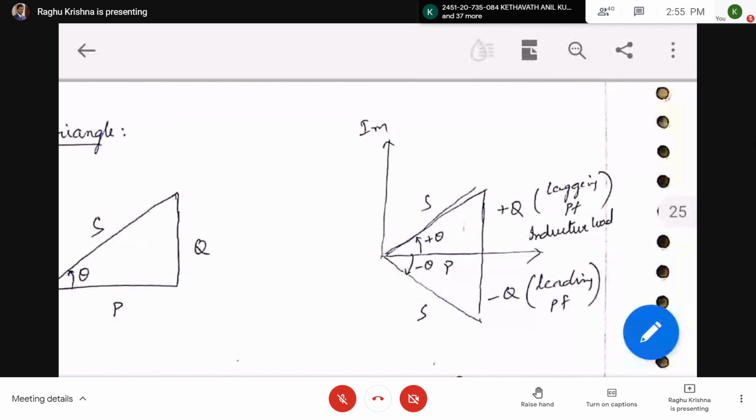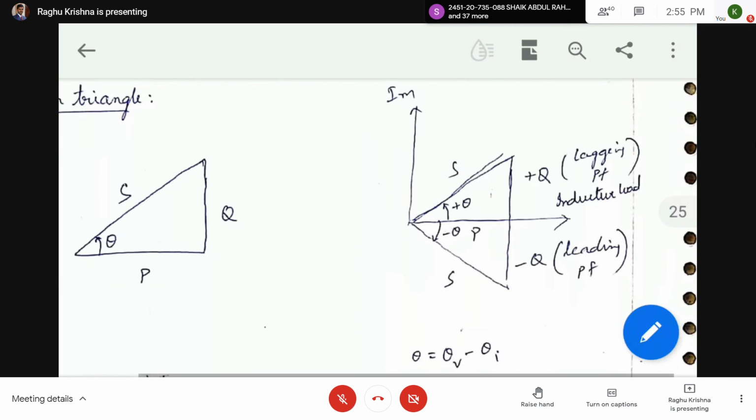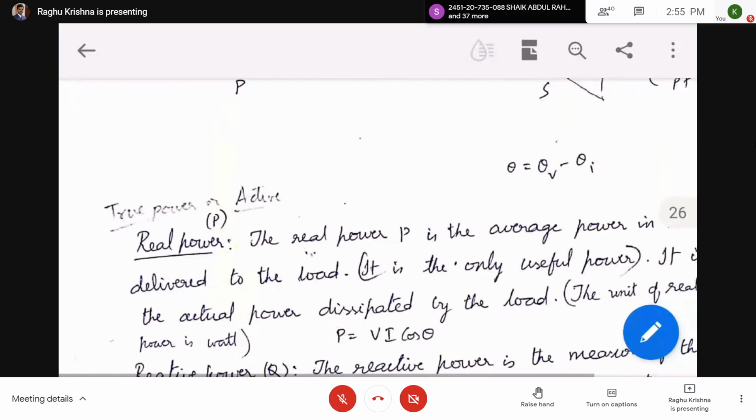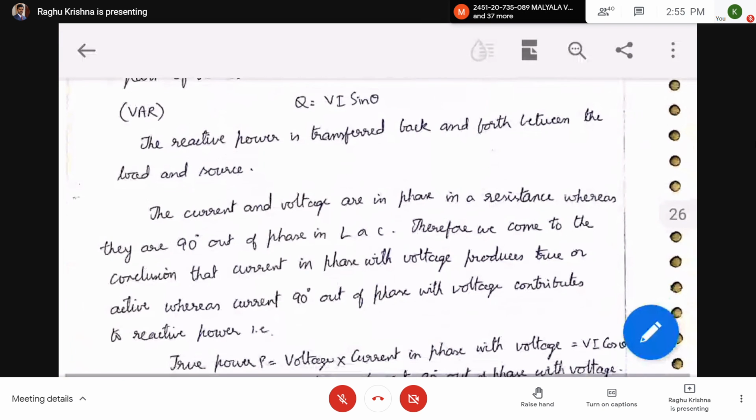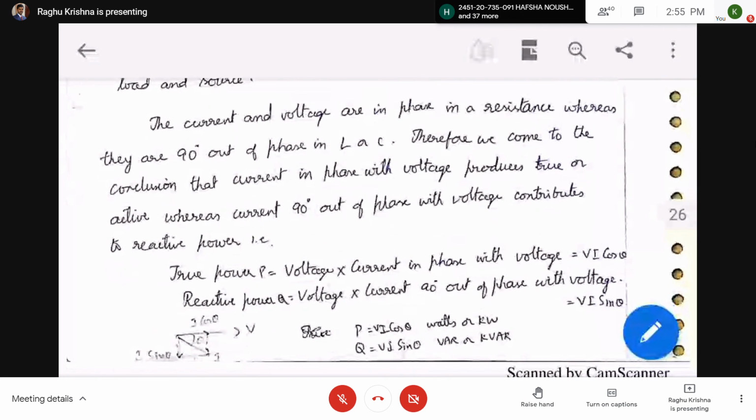Theta is positive if the load is inductive, and theta will be negative for capacitive load. True power is given by VI cos theta, reactive power is given by VI sin theta.